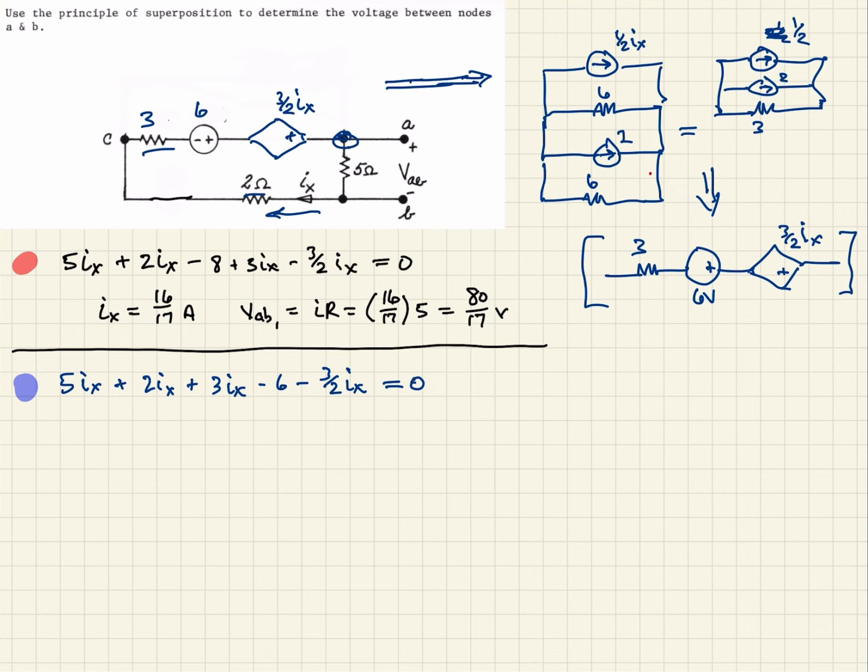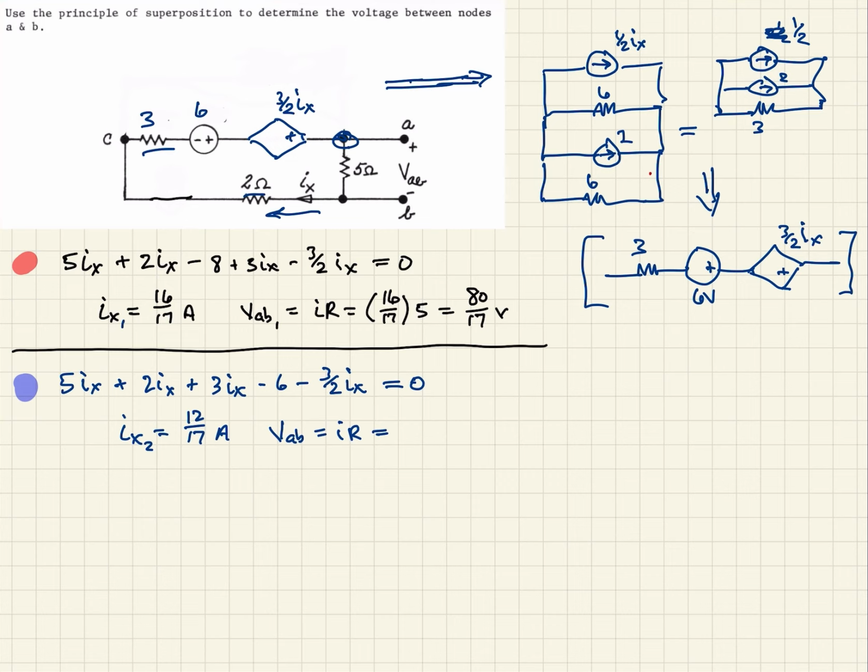So just as before, we have one equation, one unknown. So when we solve for Ix in this case, again, we should have called this Ix1, so we'll call this Ix2. That's going to be 12 over 17 amps. And again, VAB is just IR.